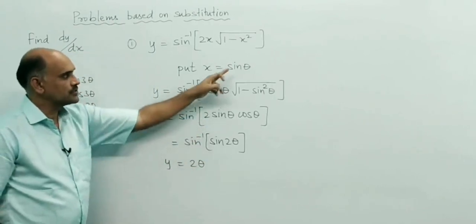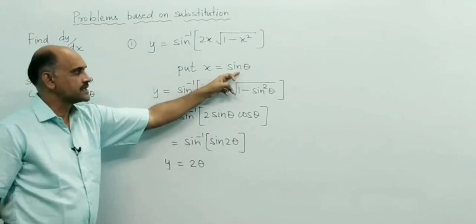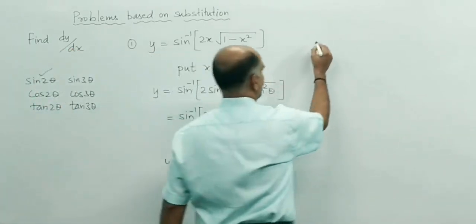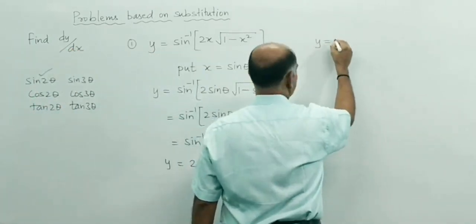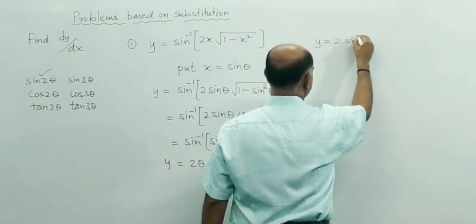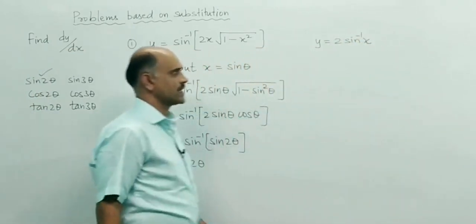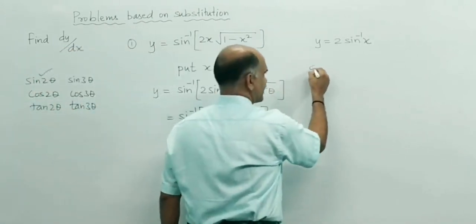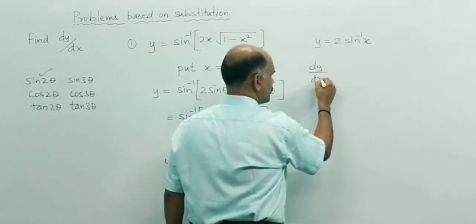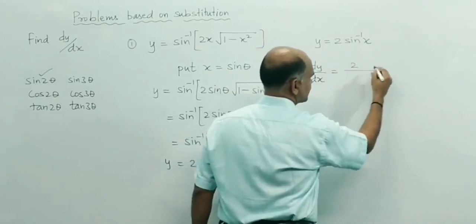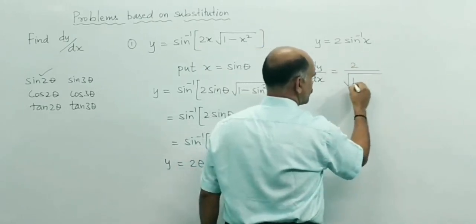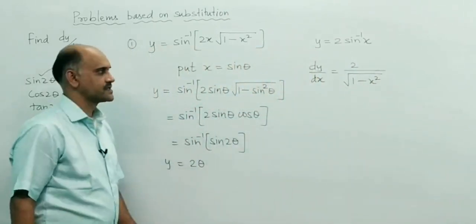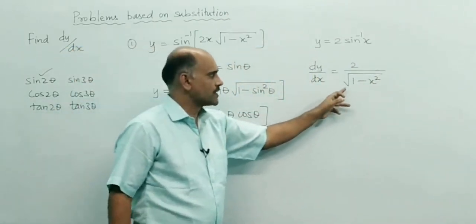Now you substitute theta from this. That is, theta is sine inverse x. So y is equal to 2 sine inverse x. And now you differentiate, you will have the answer. So dy by dx is equal to 2 times the differentiation of sine inverse x, which is 1 by root of 1 minus x square.